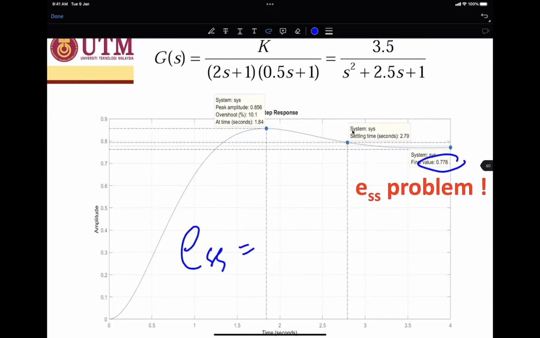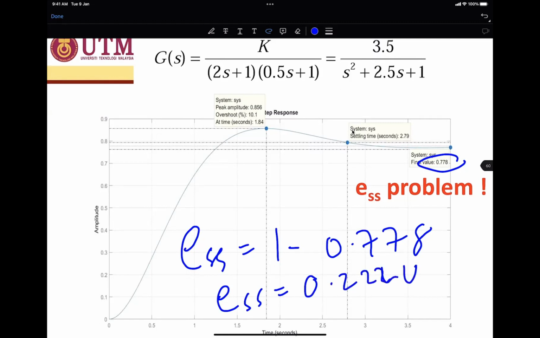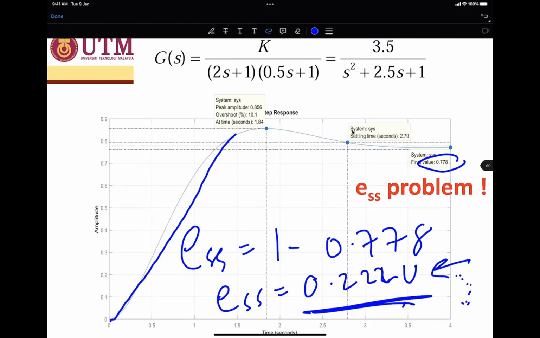So the steady state error is 1 minus 0.778, which is equal to how much? 0.222. So meaning that we have an issue here. The transient looks okay, about 1 second to catch up. But the error exists here. So this is the problem, the issue that we must solve, right?